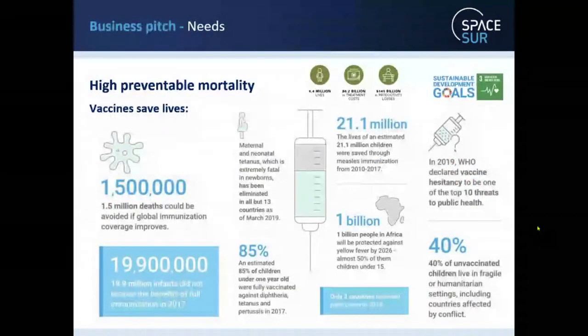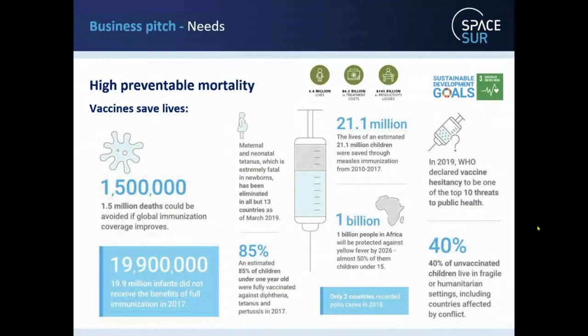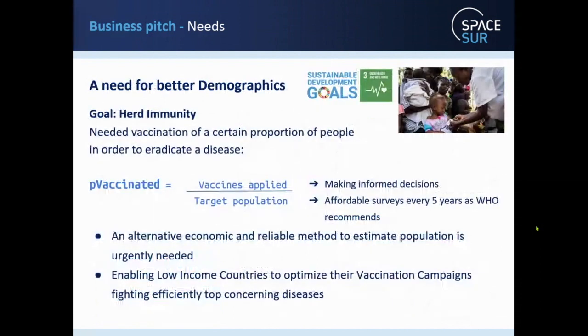Why is this very important? Well, the numbers speak for themselves. We focus the solution on vaccine distribution services, which is very important for most of the people in the whole world.